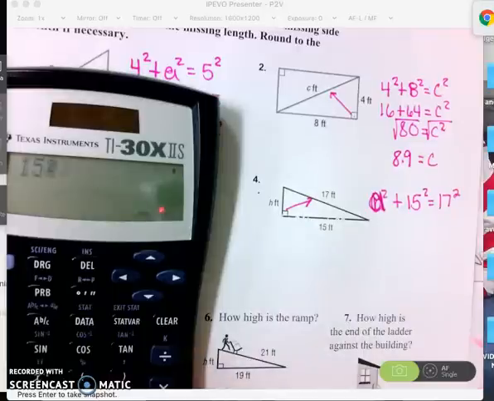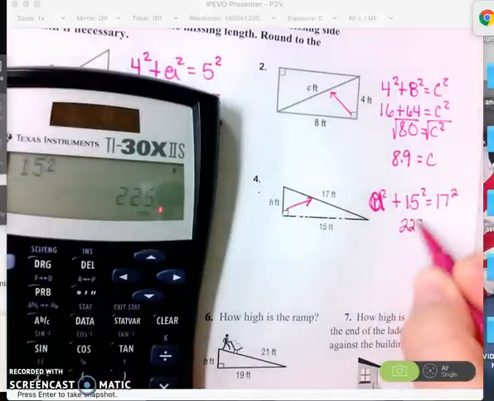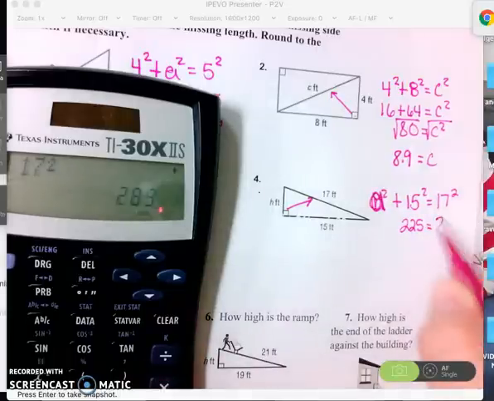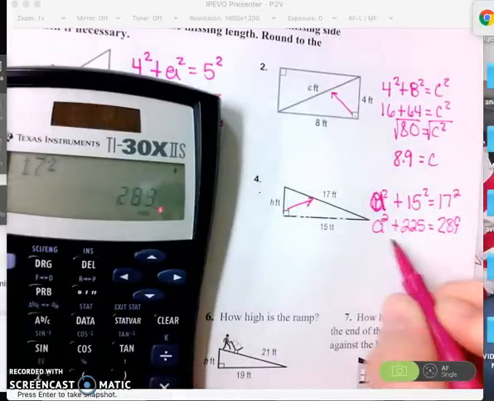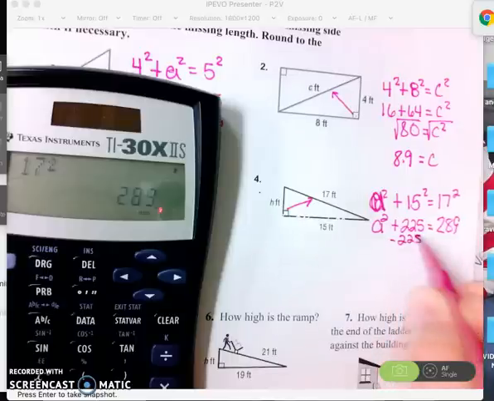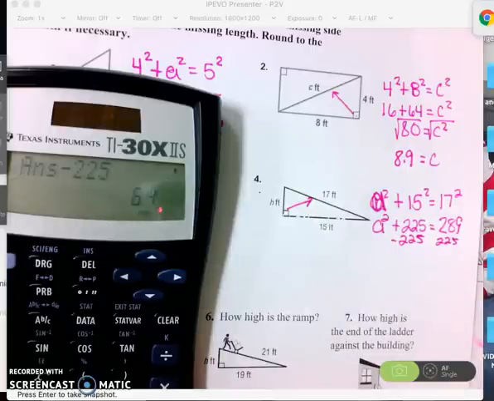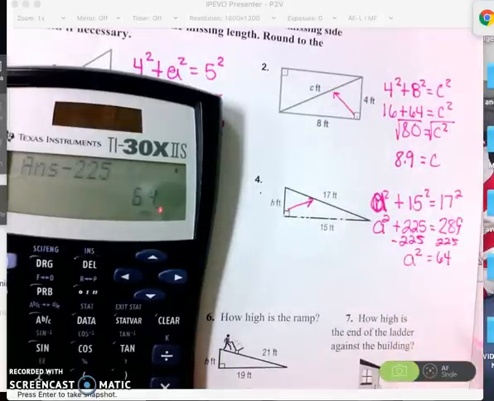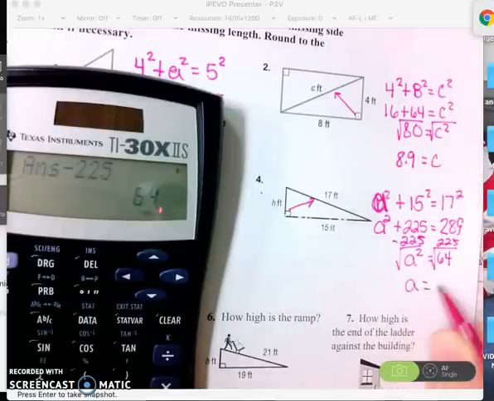So 15 squared is 225. 17 squared is 289. So a squared, this is where we're going to subtract that 225 from both sides. So a squared equals 64. I'm going to find the square root of both sides. a equals 8.